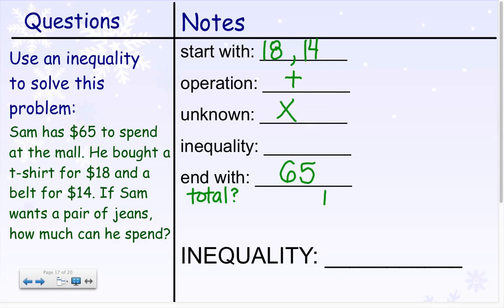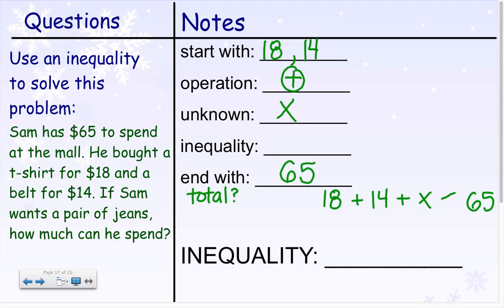So the $18 t-shirt plus the $14 belt plus the price of the jeans, and then we have $65 to spend. So let's think about this logically. If I want to buy 3 items and I have $65 to spend, I can't spend more than $65.